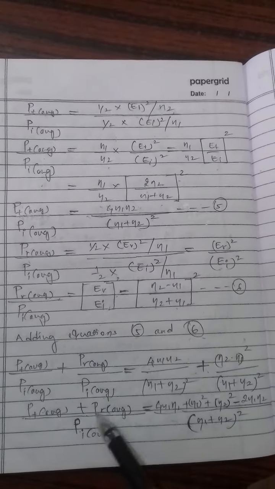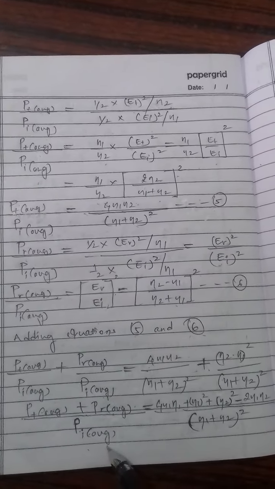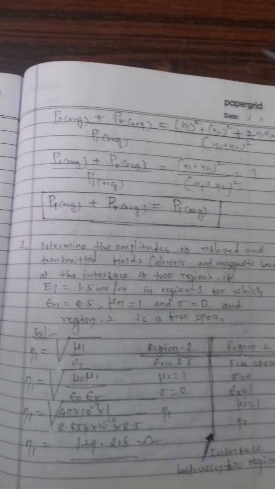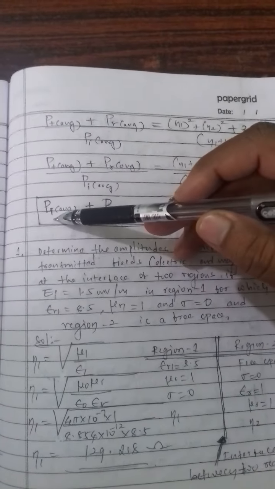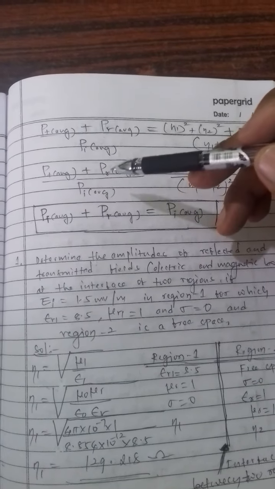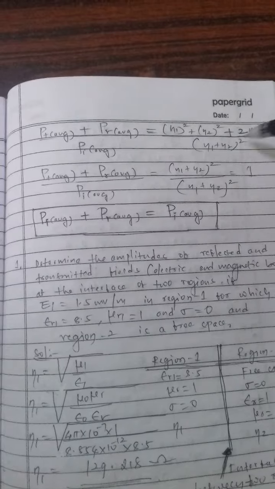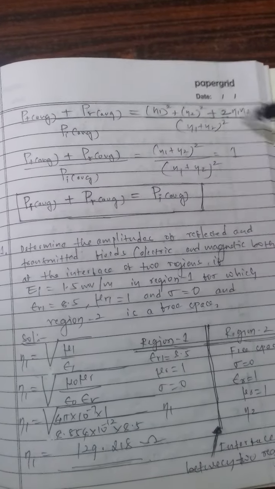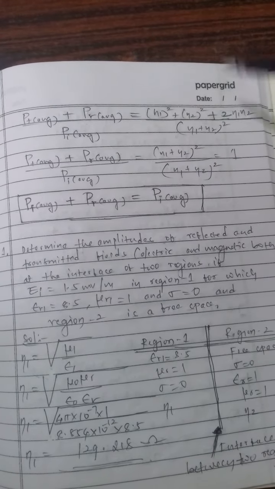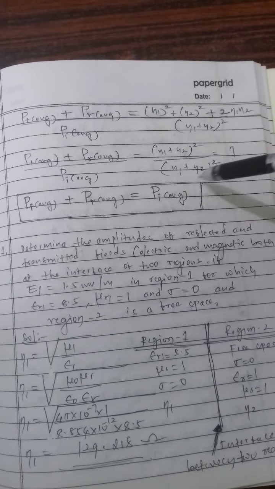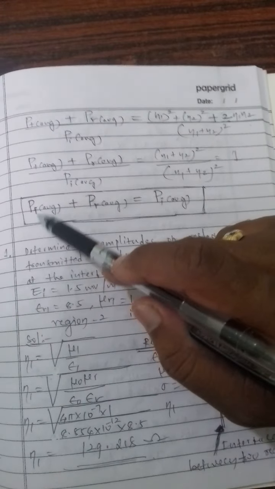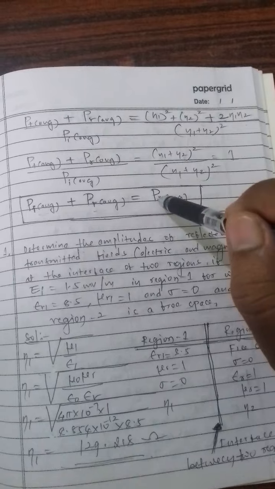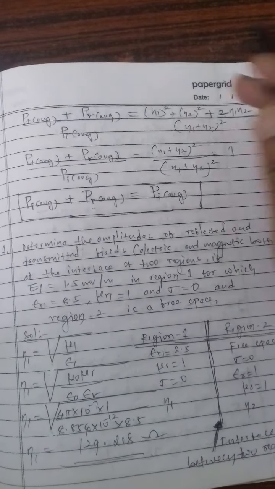The average power of transmitted wave plus average power of reflected wave upon average power of incident wave is equal to eta 1 plus eta 2 whole square upon eta 1 plus eta 2 whole square, which is equal to 1. So the average power of transmitted wave plus average power of reflected wave is equal to the average power of the incident wave.